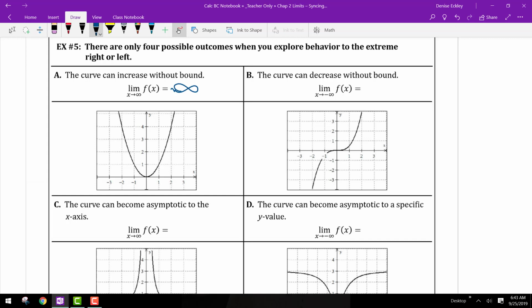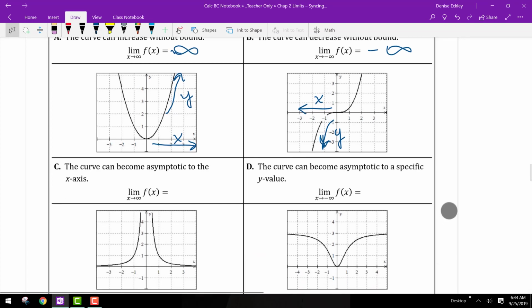What this is saying is, as x increases without bound, y increases without bound. The second one is as we go to negative x's, and we can decrease without bound. In letter B, our function values are going to decrease without bound. So as x decreases without bound, y decreases without bound. That's what we're saying here.